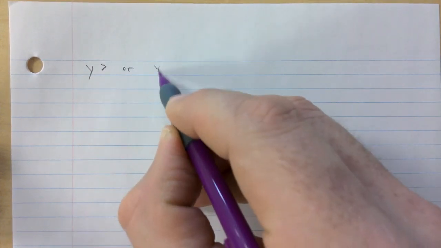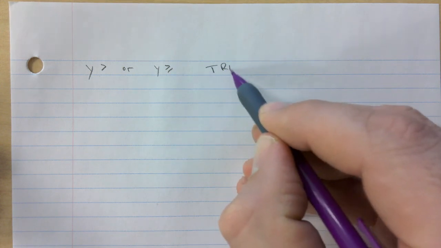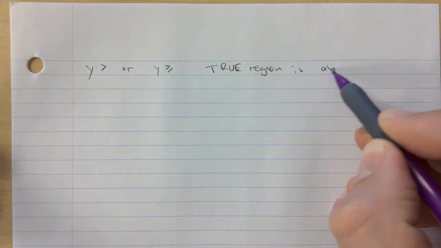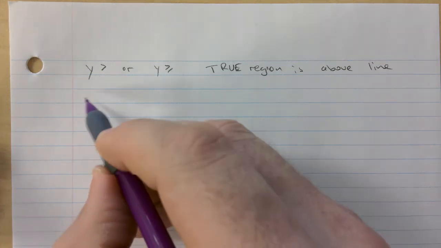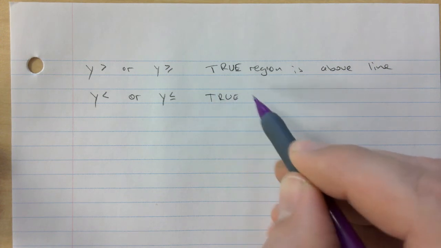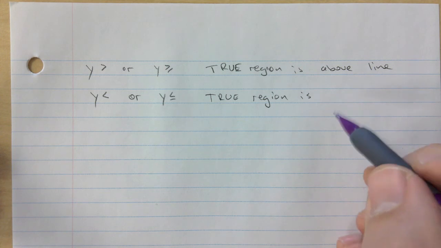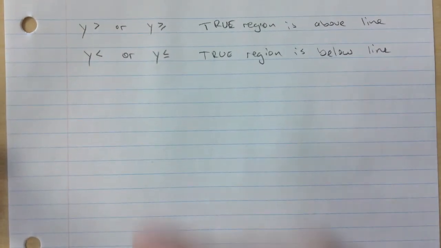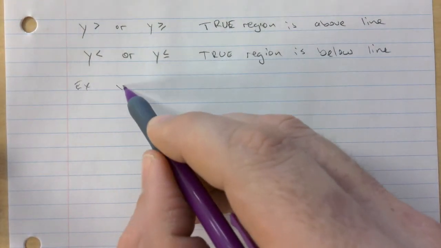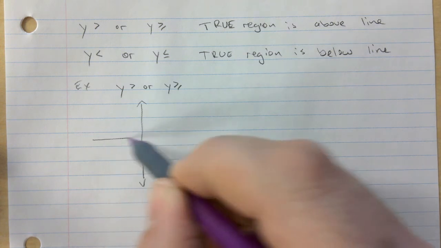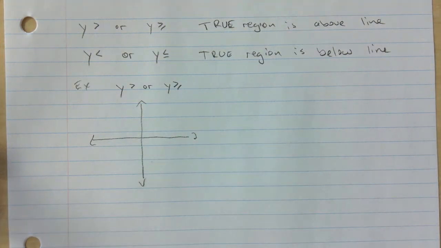Special cases continued. y greater than or y greater than or equal to: the true region is above the line. y less than or y less than or equal to: the true region is below the boundary line. Maybe use a different color.